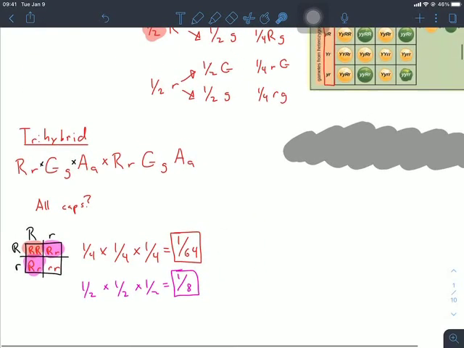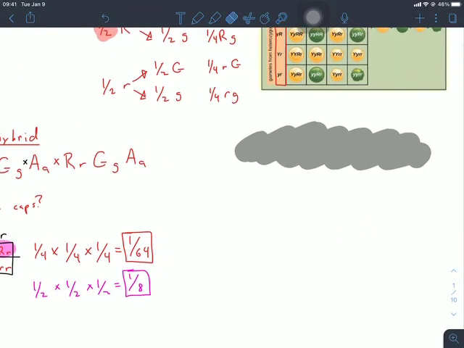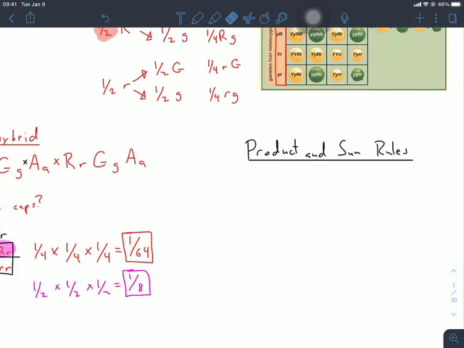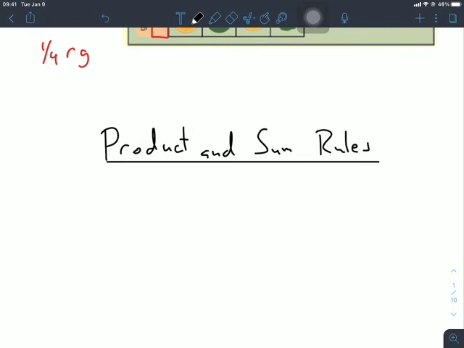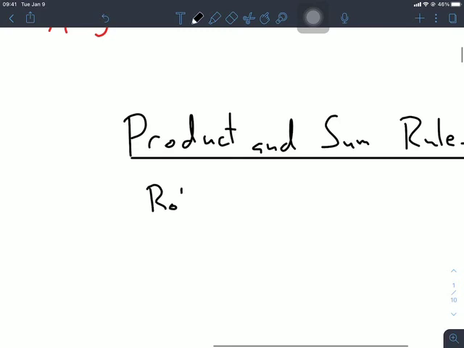From here, we're going to combine our product rule with the sum rule. When we're thinking about the sum rule, we'll take a little aside here and think about rolling a dice. Let's say that you want to identify the probability of rolling a 4.